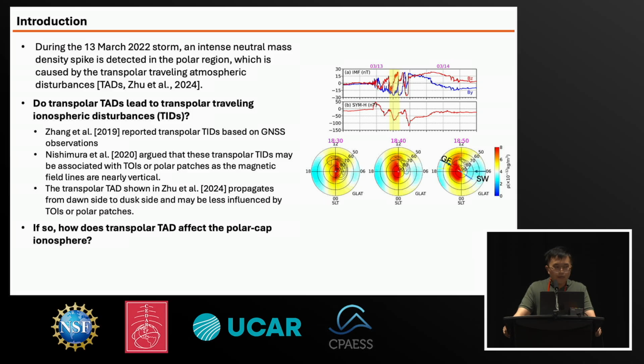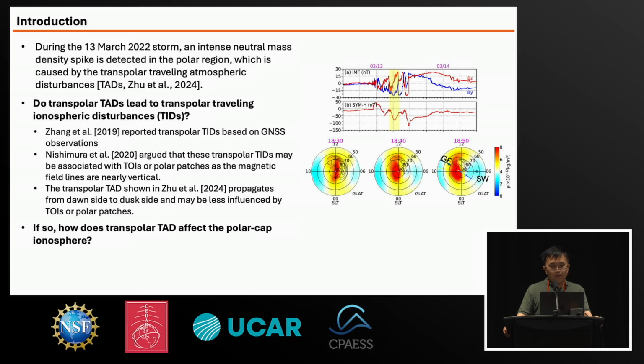Then the question we asked is: do transpolar TADs lead to transpolar traveling ionospheric disturbances, TIDs? Shenrong actually reported transpolar TIDs based on GNSS observations during, I think, the September 2017 storm. While Toshi argued that the transpolar TIDs may be associated with the TOIs or polar patches because the magnetic field lines in the polar cap are nearly vertical.